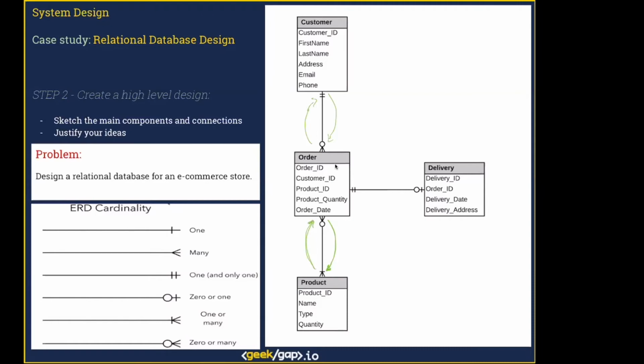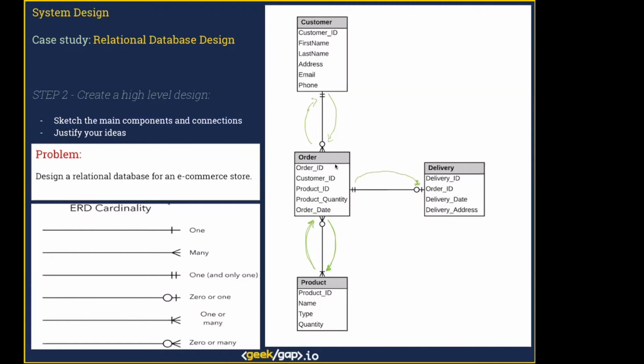What about delivery? When you order something, you want the item to be delivered, but it depends on whether it's an online good. If it's a movie, you don't necessarily need a delivery. So that's why the relation between order and delivery is 0 or 1. For an order, we have 0 or 1 delivery, right?